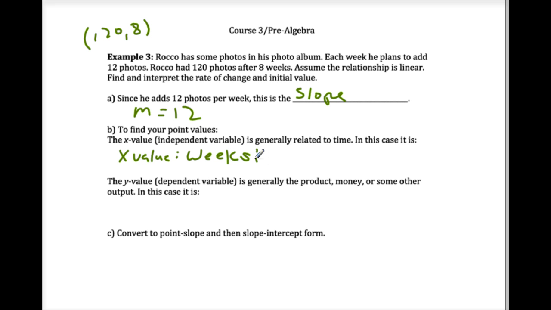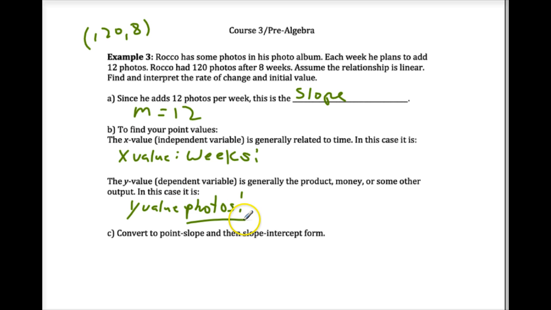That's the independent variable. The y value depends on the x, like what comes out, money or some other output. In this case, the y value is actually the photos.